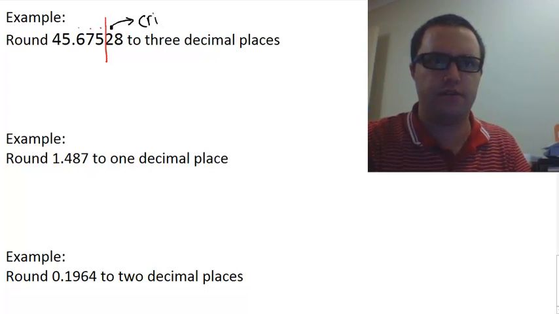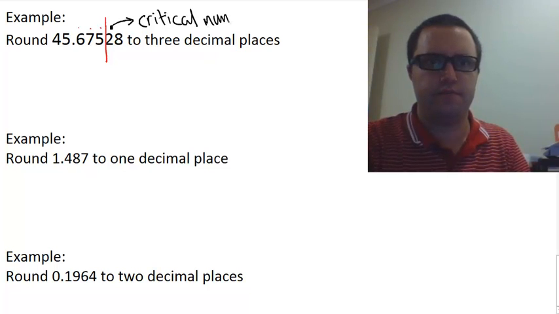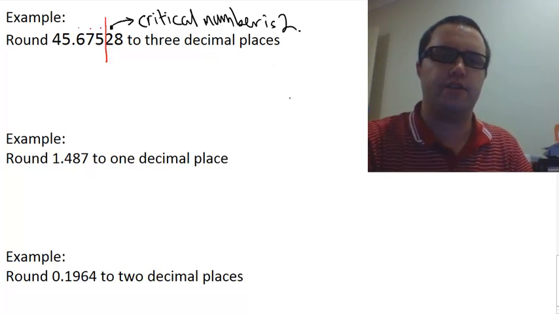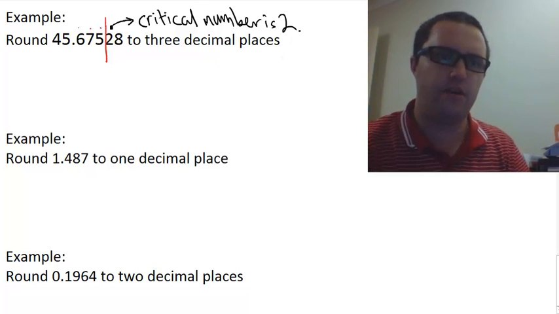So the critical number is 2. According to our steps, if the critical number is between 0 and 4, we leave the number alone and simply terminate at the rounding decimal place.